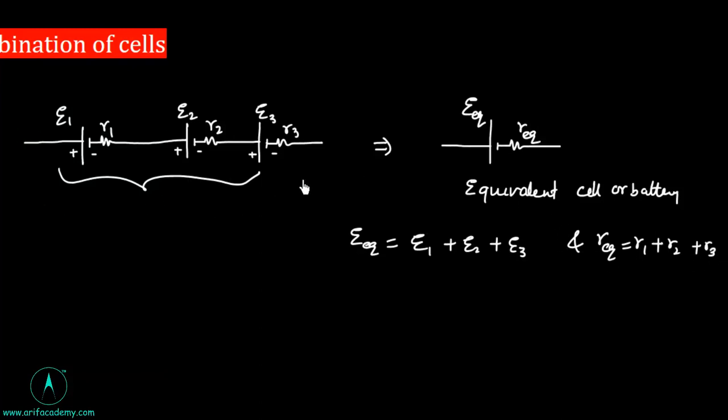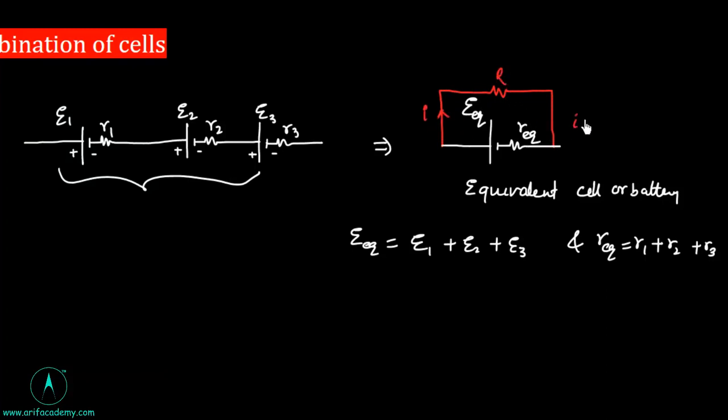So these three cells are replaced by a single cell, and if this cell is connected to an external resistance, we can easily calculate the current or whatever is asked. Suppose this is connected to an external resistance R, and the current is asked.